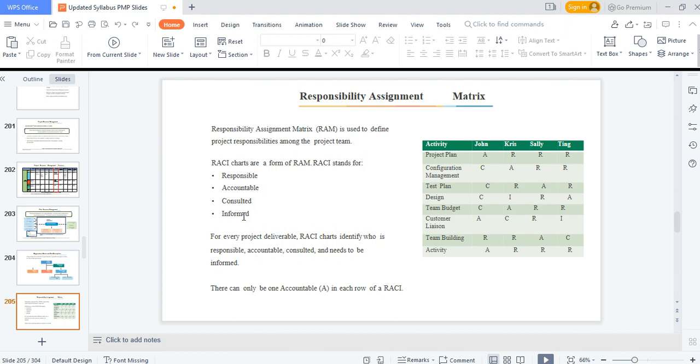For instance, there are some decisions, some activities that you're going to be conducting. Top level management might just be informed or consulted on it. So you see, informed and consulted, it's always before the activity, whereas accountable and responsible is the activity itself.